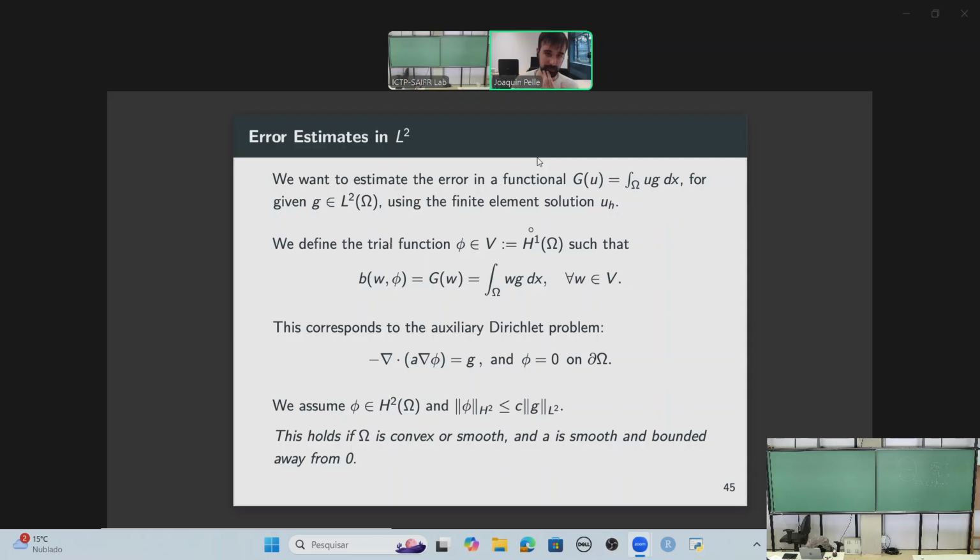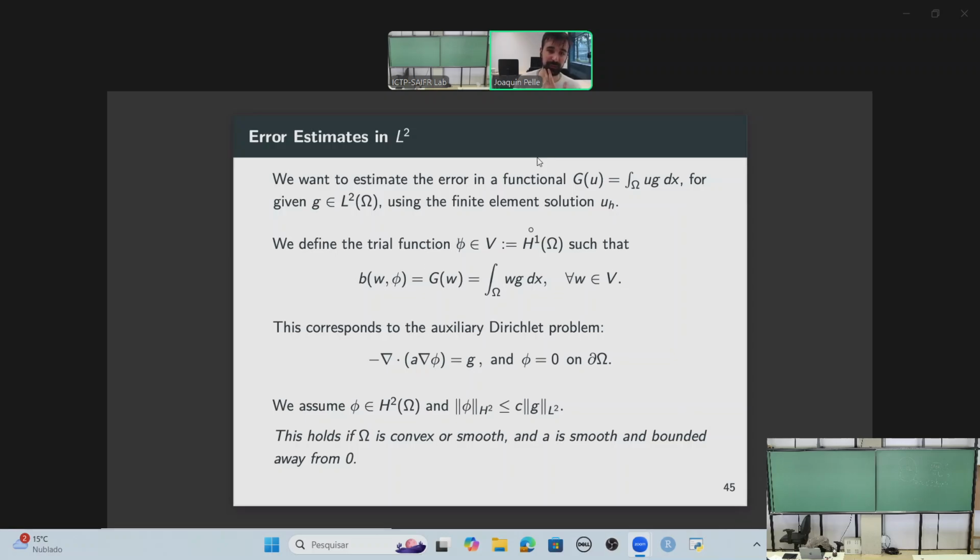So first, we do a little trick. We define the trial function relative to the functional g in this way. It's very similar to how the weak problem is set. We're going to see that a little better now.